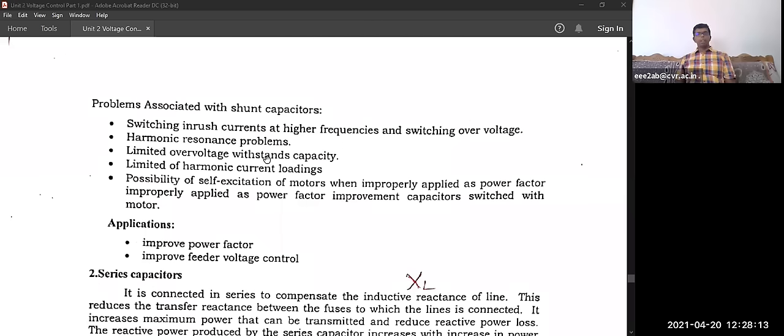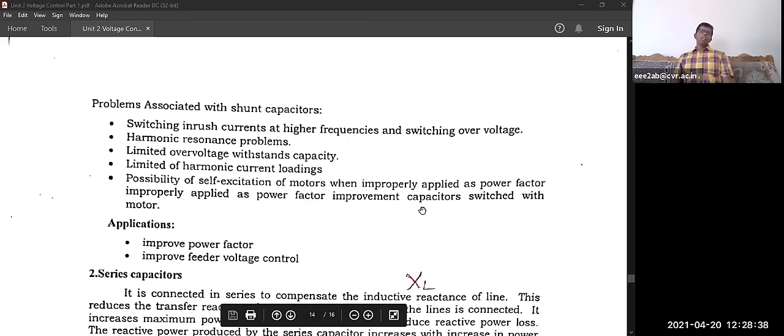Limited harmonic current loadings. Possibilities of self-excitation of motors when improperly applied, such as a power factor improvement capacitor switched with the motor. Main applications are improving the power factor and improving the feeder voltage control.